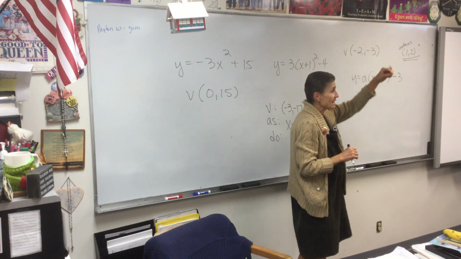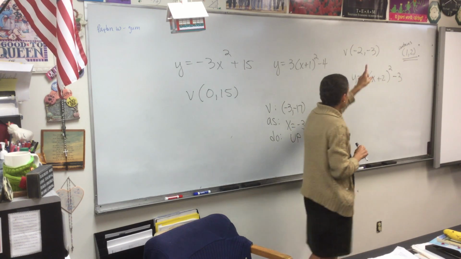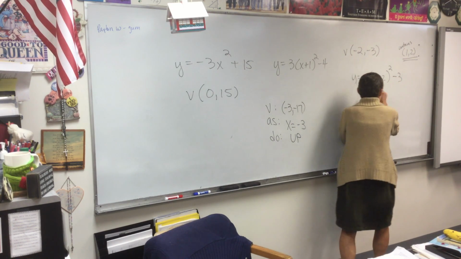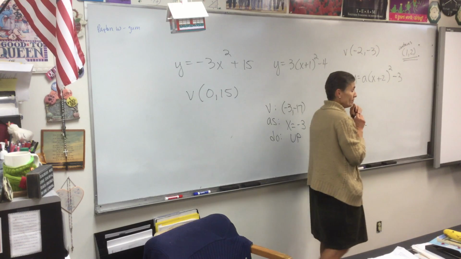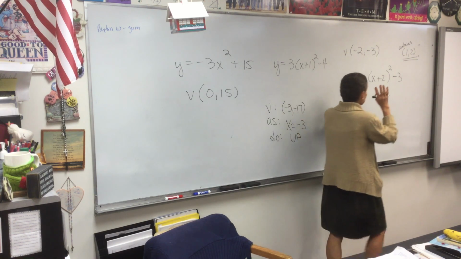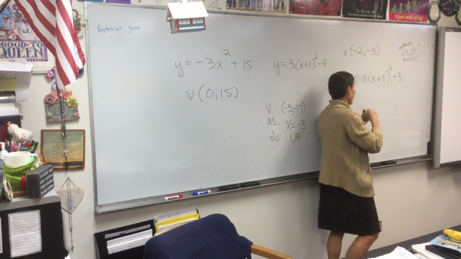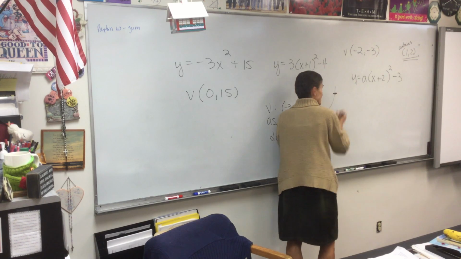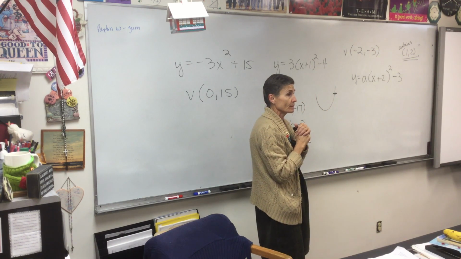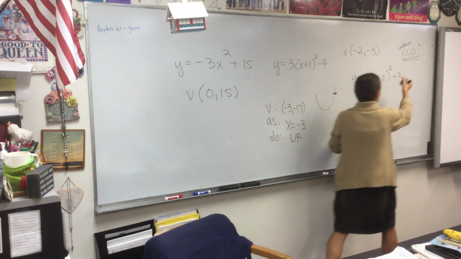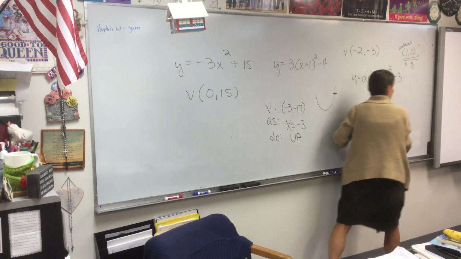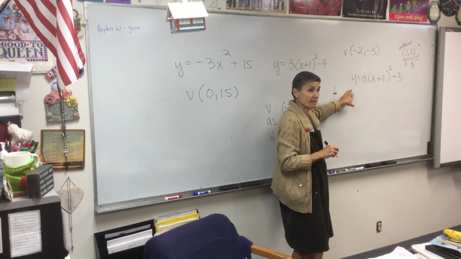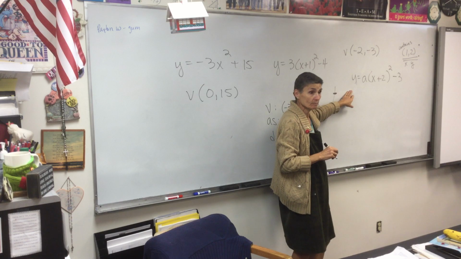Now notice they gave you 2 things. They gave you the vertex, which you immediately put into your equation. And then they gave you this other random point. Here's your parabola. They gave you some random point. That is an X and a Y that has to fit in this equation.